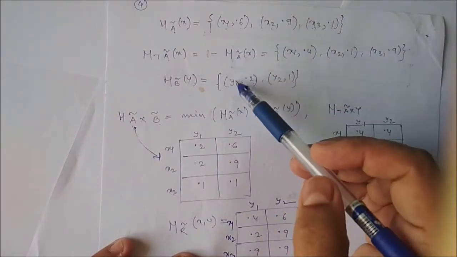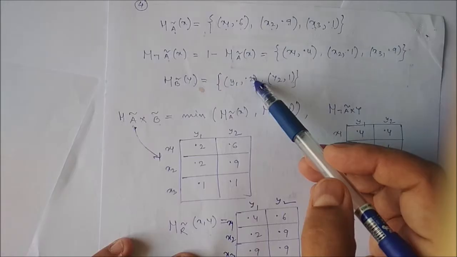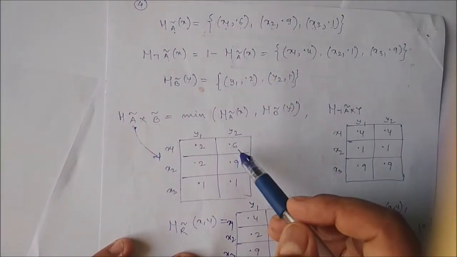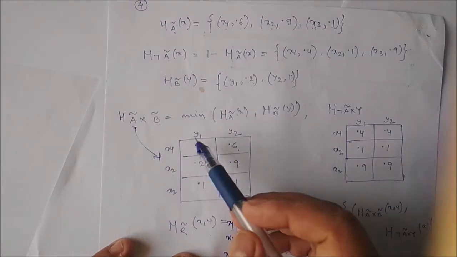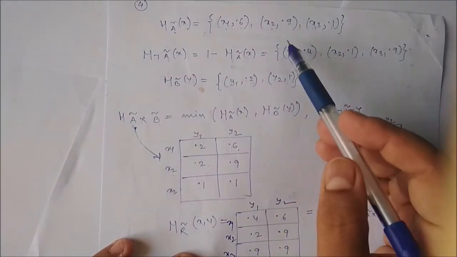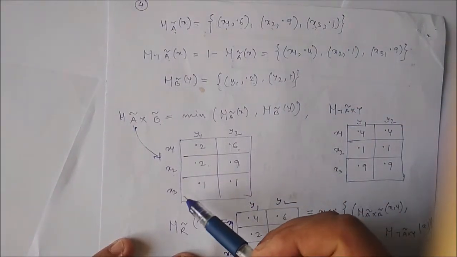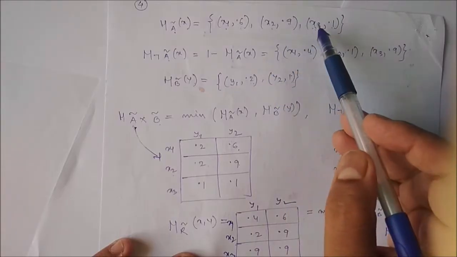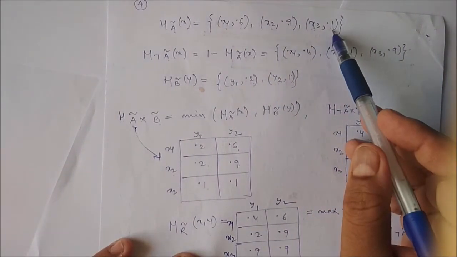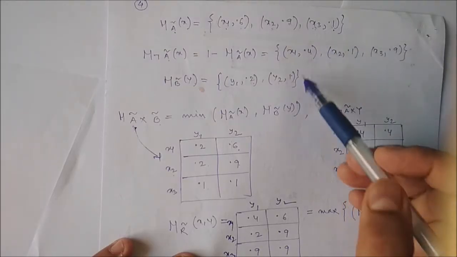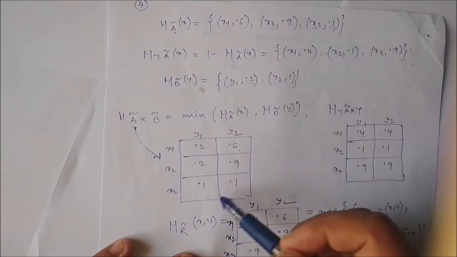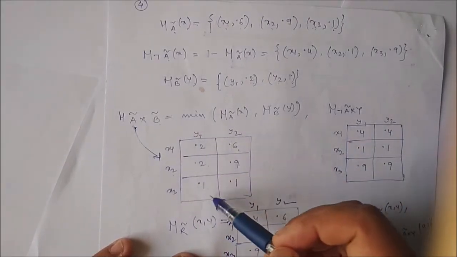So compare x1 with y1, x1 with y2: 0.6 and 0.2, minimum 0.2; 0.6 and 1, minimum 0.6. Similarly, x2 with y1: 0.9 and 0.2, minimum 0.2; x2 with y2: 0.9 and 1, minimum 0.9. x3 with y1: 0.1 and 0.2, minimum 0.1; x3 with y2: 0.1 and 1, minimum 0.1. So these are the membership values of A cross B.